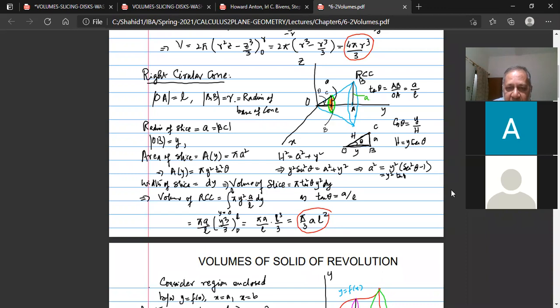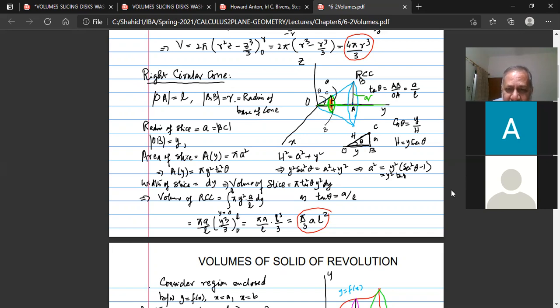L is the length of the slant. OA is the length of the slant of the right circular cone. AB is the radius of the base. This is R. Now I have placed this right circular cone, which is a solid, in such a way that its symmetry axis is along the y-axis.